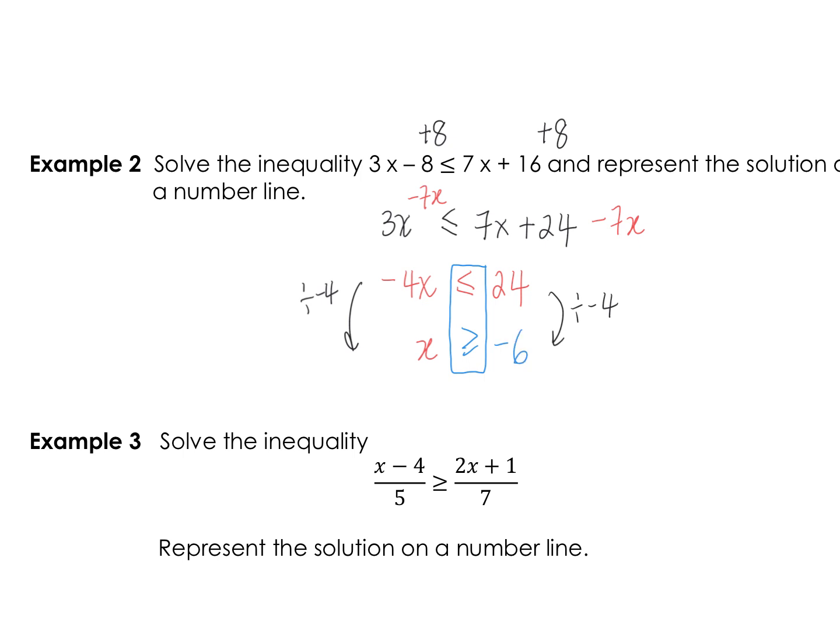So your solution is x greater than or equal to minus 6. So on the number line, show me where the 0 is. Shade the circle because there's an equal sign and then greater. So this is the solution I want to see.